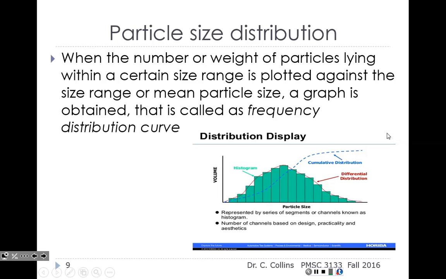So there's a distribution. There's some smaller ones down here, larger ones up here. So the average, the mean, would be somewhere in the center. This blue line is a cumulative distribution, so that's why it continually goes up, because you're adding all of the numbers together, from the smallest to the largest. And then your piece of equipment would be measuring each of these histograms, and that's the way the data would come out.